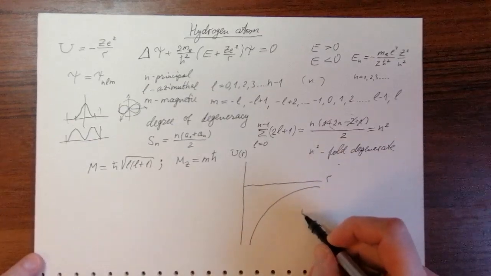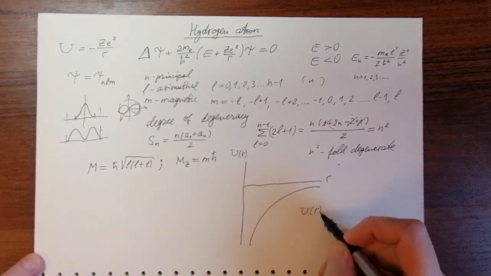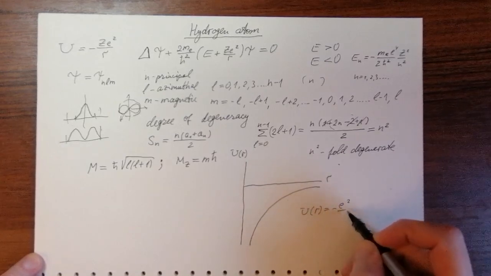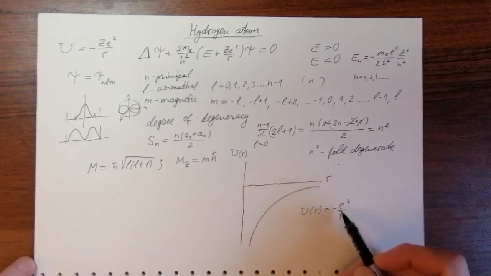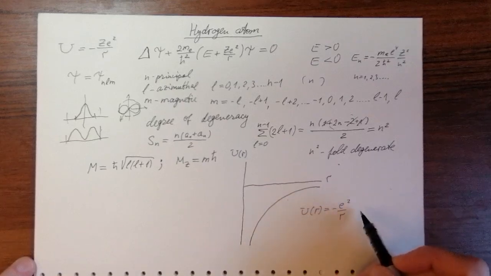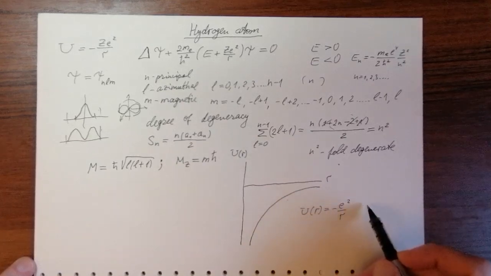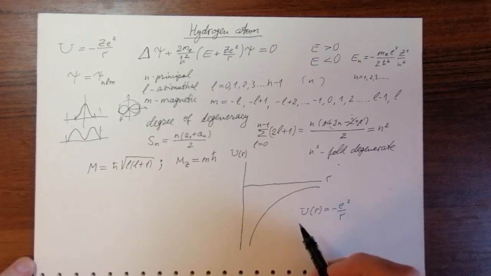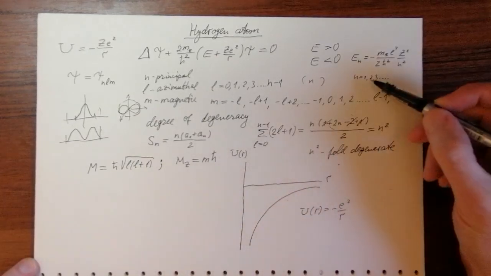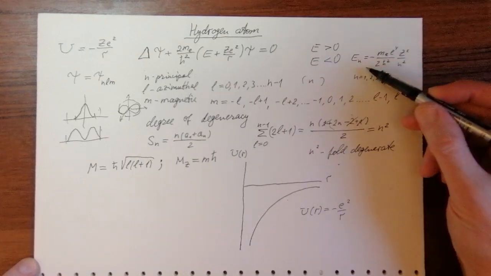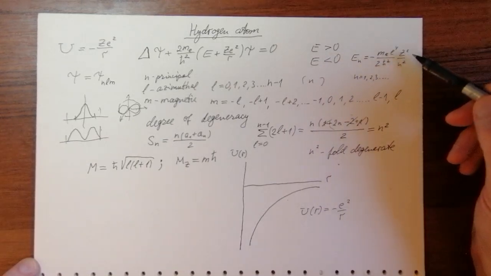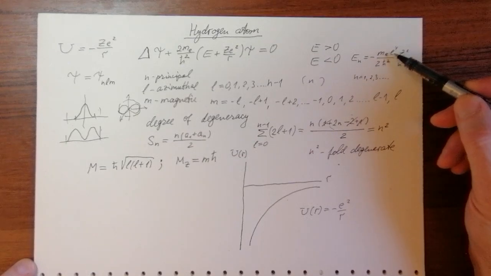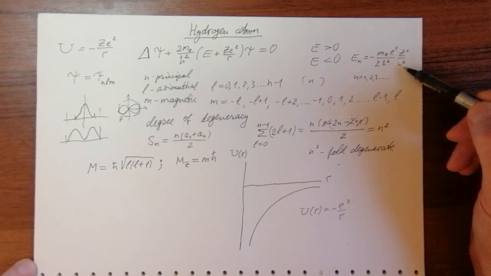This is U = -e²/r, e² because Z for hydrogen is equal to 1. Well, when we substitute n equal to 1, all numbers here are known: mass, charge of electron, h, and Z is 1.